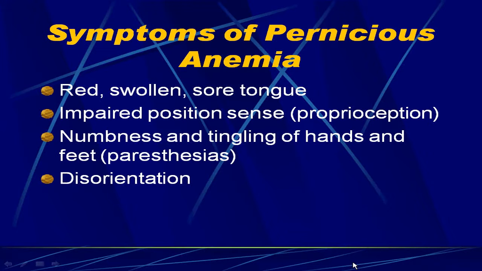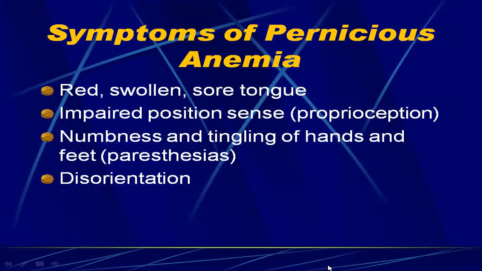And so the symptoms that we see associated with pernicious anemia: the person may have a red, swollen, or sore tongue. And so that should stick out to you right now and be one of those red flags. A person having a red, swollen, sore tongue, we typically see this being associated with pernicious anemia. The person may have impaired position sense.